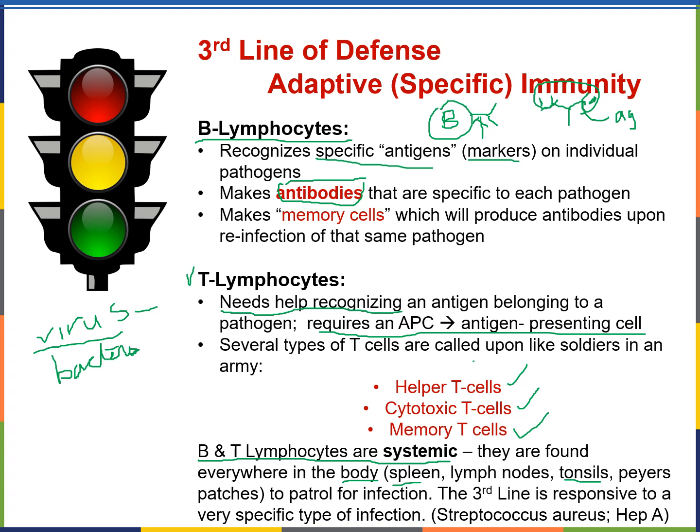Peyer's patches are lymphatic tissue found in the large and small intestine. So as it says here, the third line of defense is responsive to a specific type of infection.